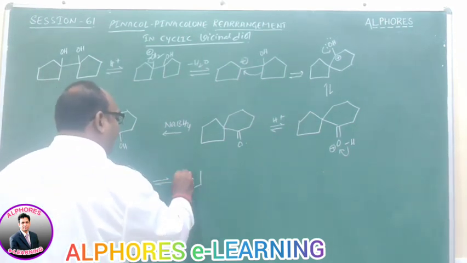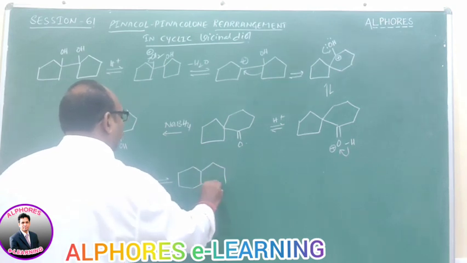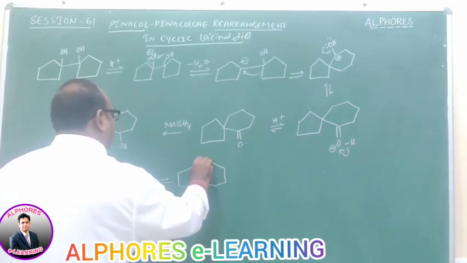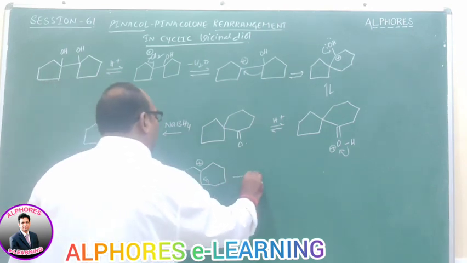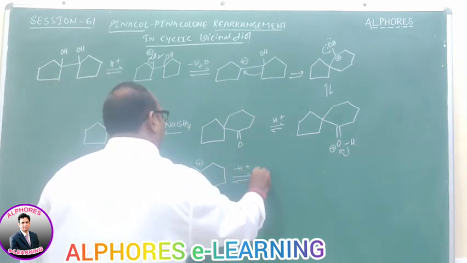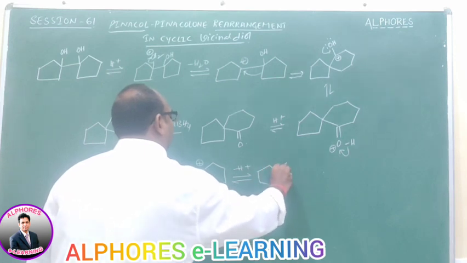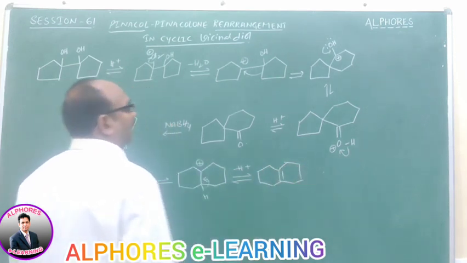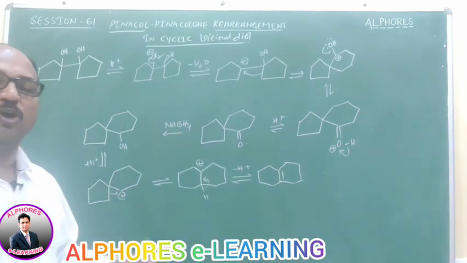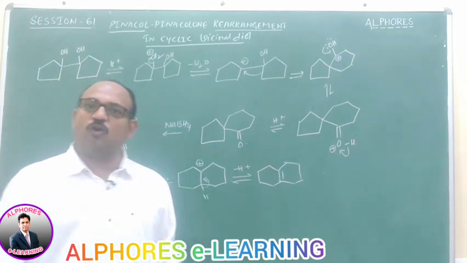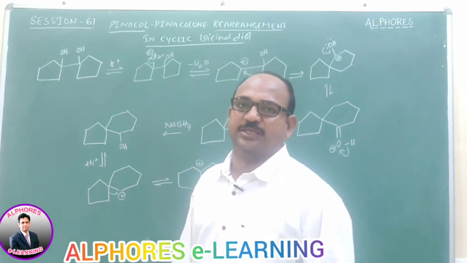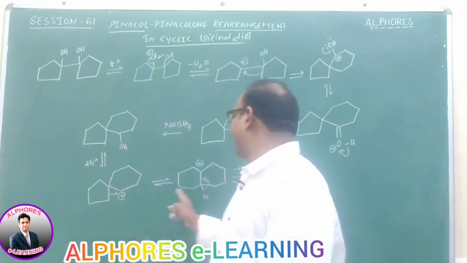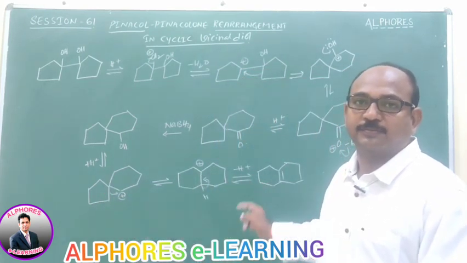Then we get a product like this. In the final step, this H plus comes out, deprotonation, and we get a product like this. So this is the ultimate product: pinacol rearrangement followed by reduction with sodium borohydride followed by acidification. So this is the final product we get.